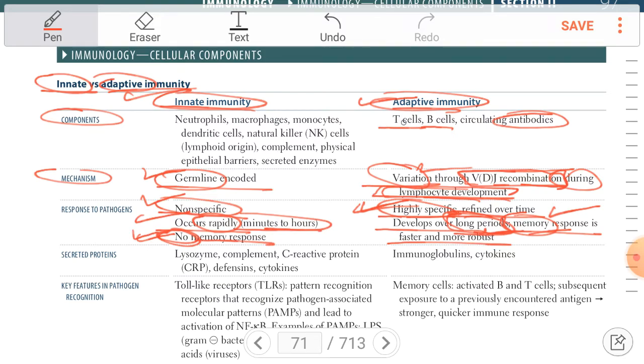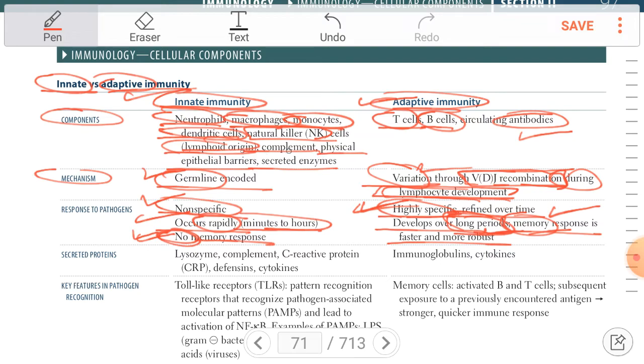But innate immunity: neutrophils, macrophages, monocytes, dendritic cells, natural killer cells, which are of lymphoid origin, and also complement, the physical epithelial barrier, and secreted enzymes. This is called innate. But adaptive: T cells, B cells, antibodies.